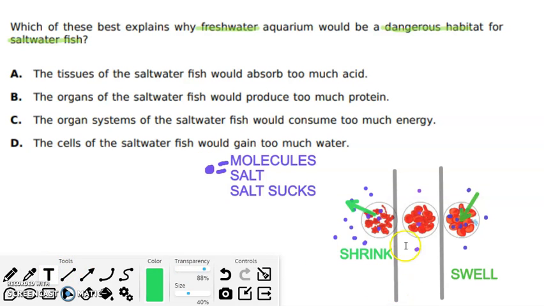Okay, so I'm going to go ahead and put that up here for this one. This one is going to be at homeostasis, okay, meaning equal. It's not going to be going in or out. It's just at its happy place.